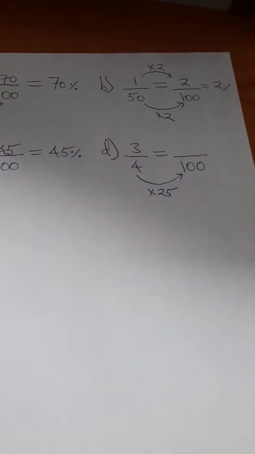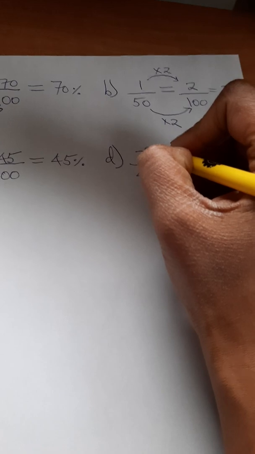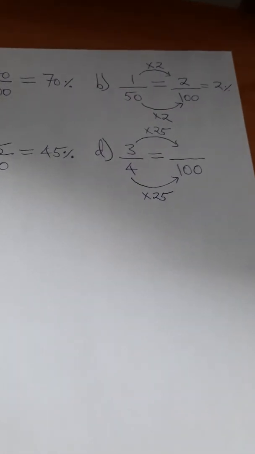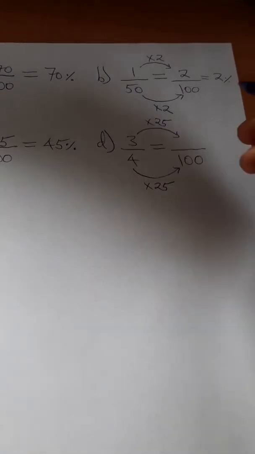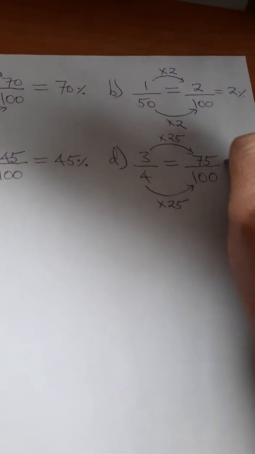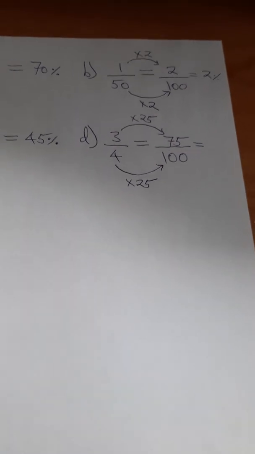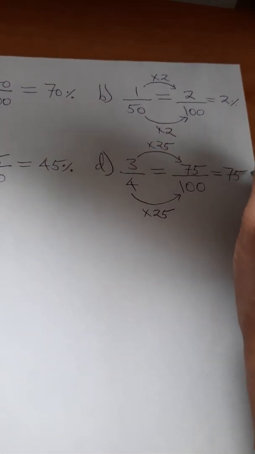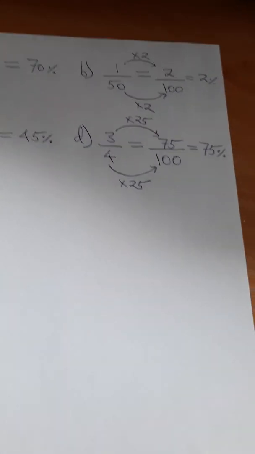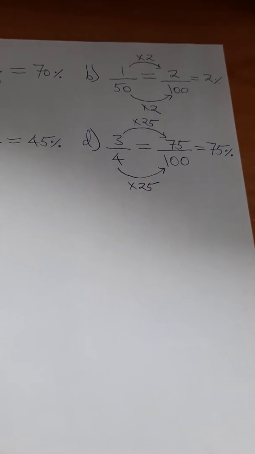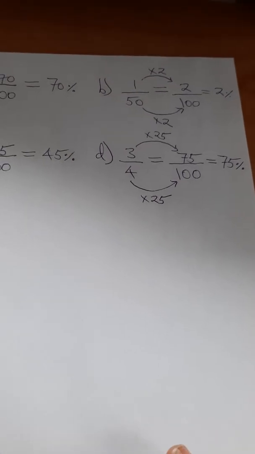Because I'm multiplying by 25 on the bottom, I want to make sure I multiply by 25 on the top as well. So it's going to be 3 times 25, which is equal to 75. My fraction now is 75 over 100, and this is equal to 75%. Does everyone see that? All right, good.